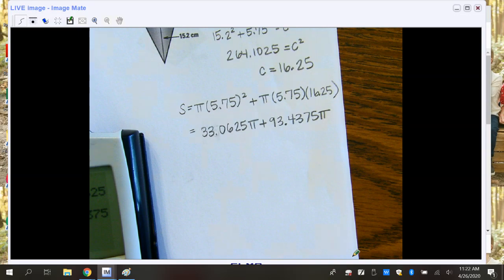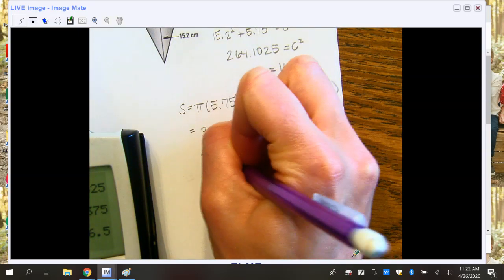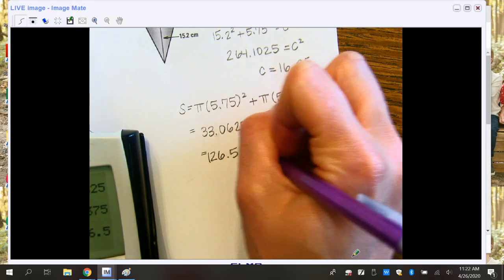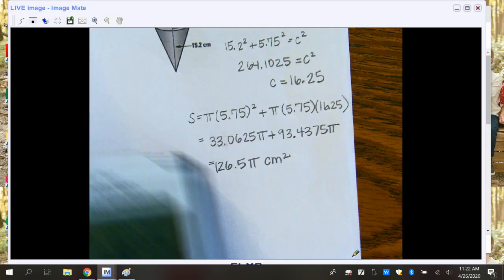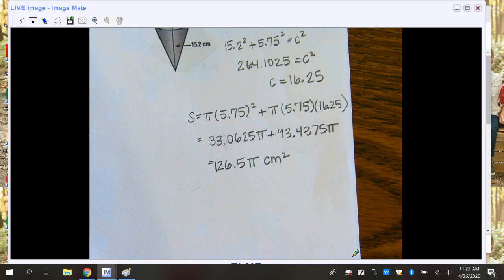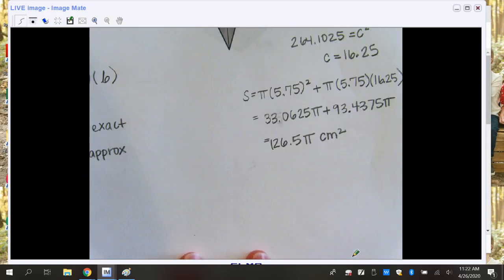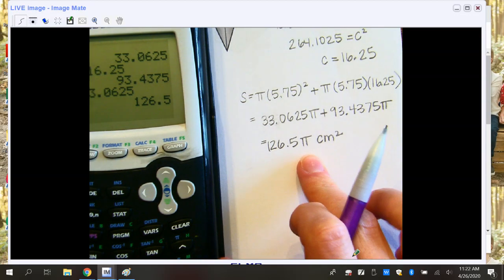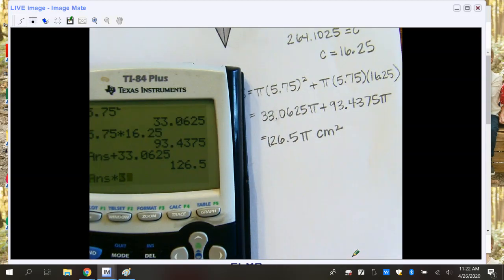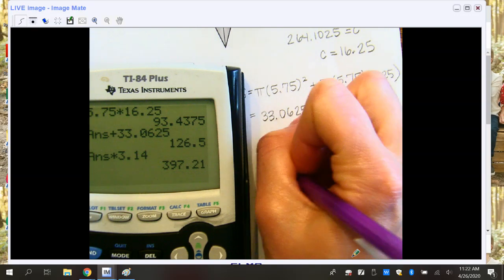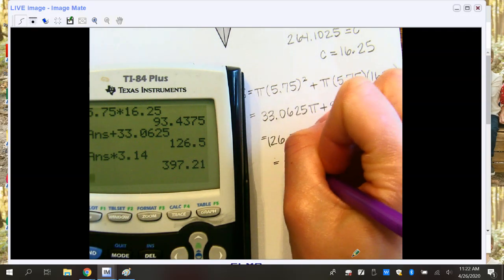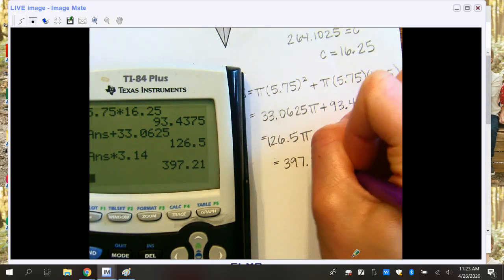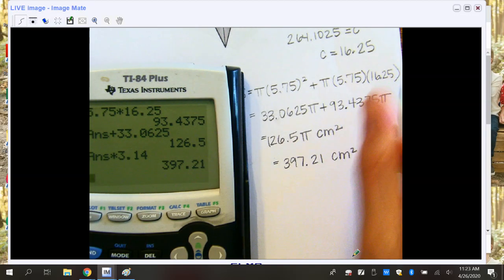And then when I add those two together, I get 126.5 pi centimeters squared. That's pretty close to that approximate answer. All right, so there's my exact answer. Again, that has the pi in it. And so now I'll take that and multiply it by 3.14 to get my approximate surface area.